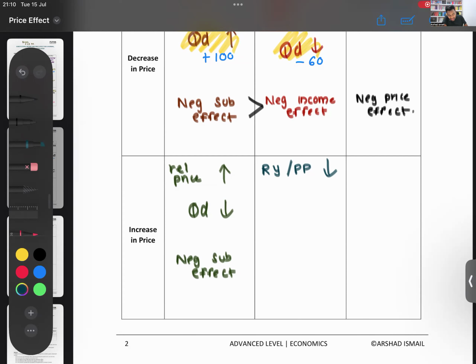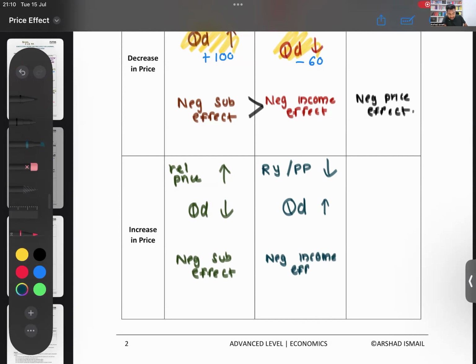When your income comes down, what happens to QD? An inferior good is a good that has a negative relationship between income and QD. And real income coming down, QD will increase. So what can you tell about the income effect when the price increases? Again, negative. Negative income effect.